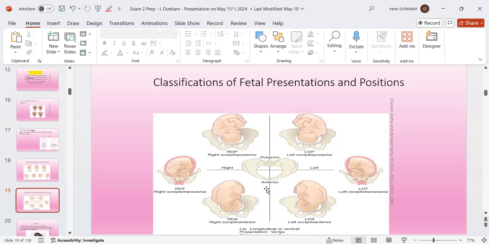When you have a baby and he's saying OA position, that means his occipital, the back of the baby's head. See where I'm pointing to my head here? The back of the head is now presented to mom's anterior. That's all it is. Back of his head is facing mom's anterior. So when you have a baby like this position, he's nicely tucked down, okay? And he's ready to be born, you know?